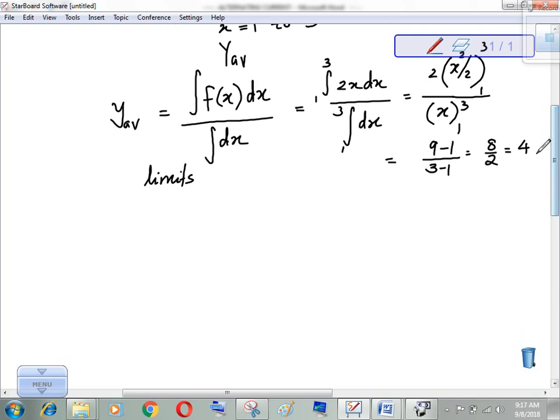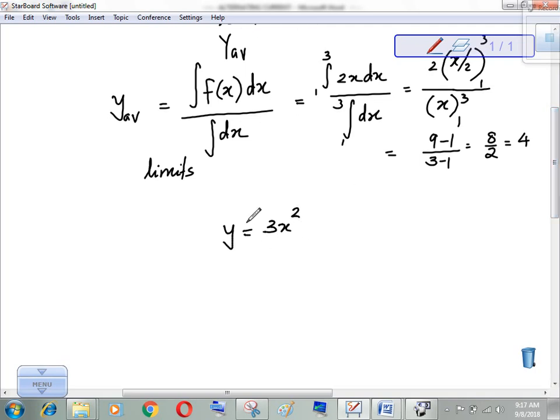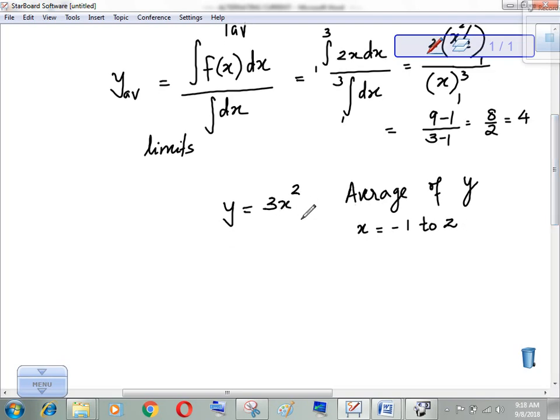One more example. Y equal to 3x square. This is y depends on x. This is a continuous function. Now average of y for x minus 1 to 2. I want to find the average value of y for the range x minus 1 to 2.